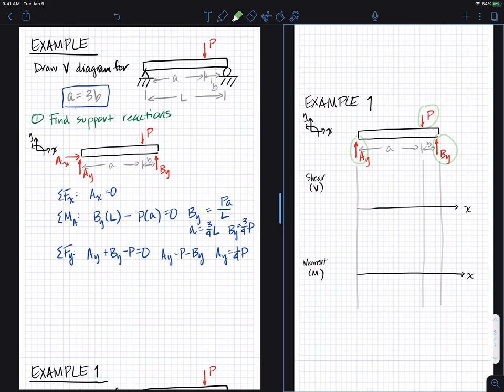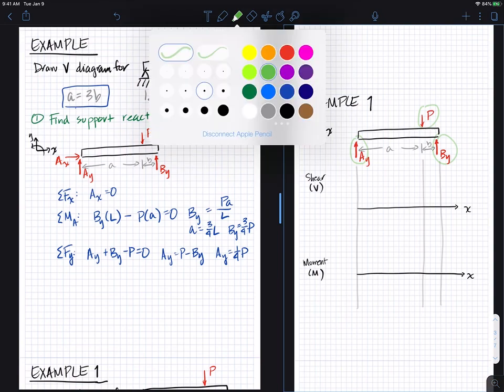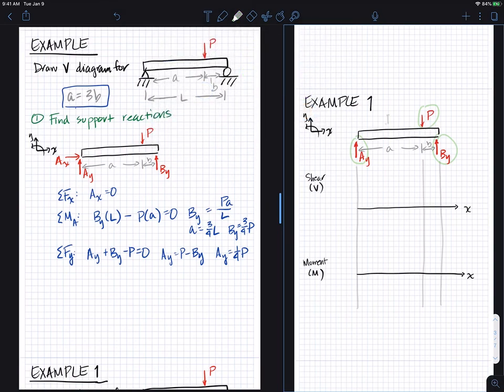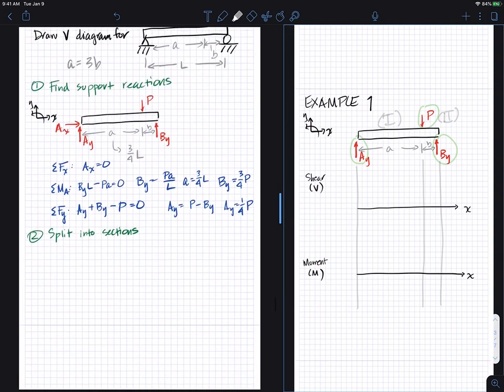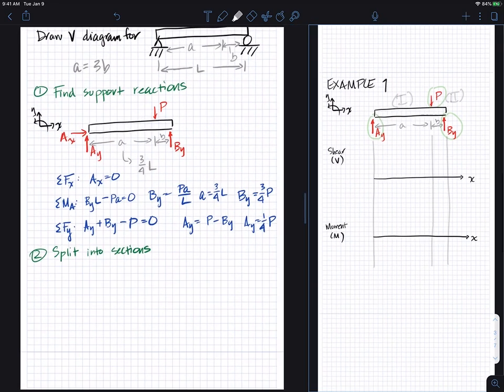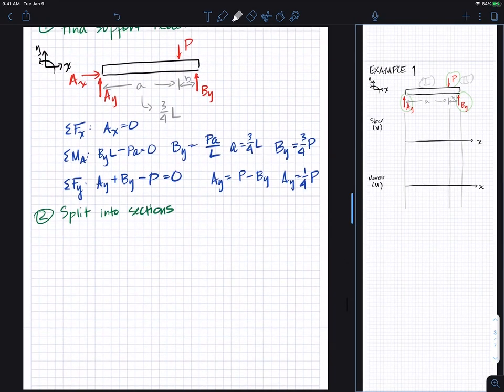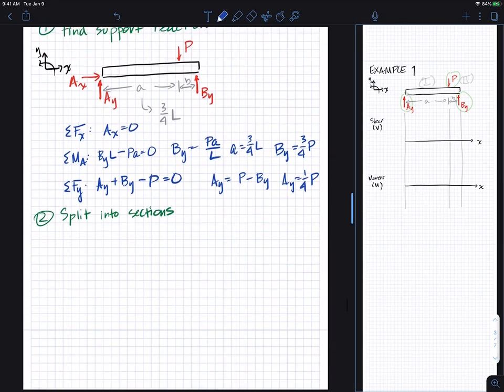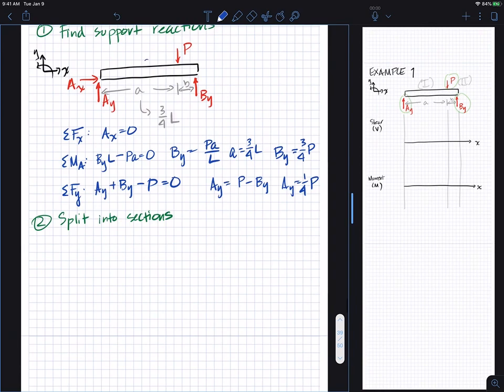So essentially what we have, right, is again, kind of like a section 1 and a section 2 over here, for x going from 0 to a and then x from a to b, for example, right? So let's go ahead and split this up into sections and take care of that. So we know we're going to analyze first a section with a cut, essentially, somewhere here in the middle.